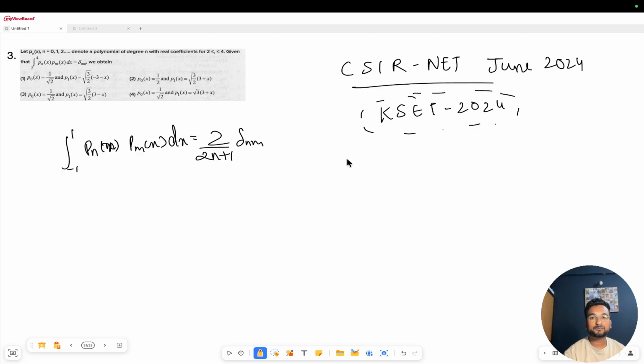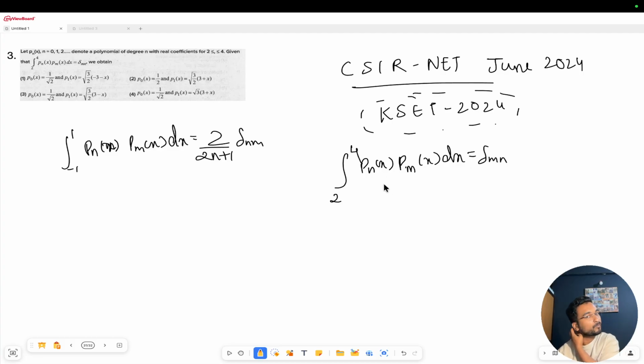But here they have changed the orthogonality condition to this, the integral from 2 to 4 of Pn(x) Pm(x) dx equals delta mn, and they have asked what will be P0(x) and P1(x) if the orthogonality condition is this, not this. So we have to change something.